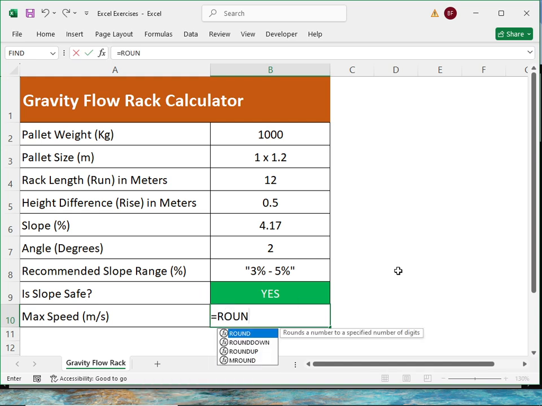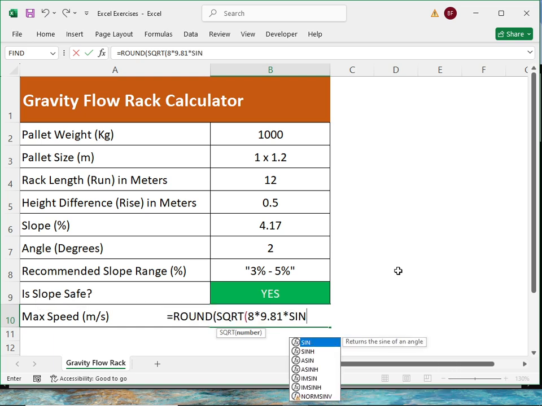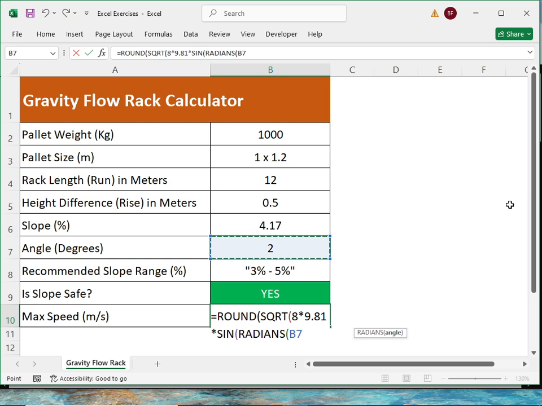I'm going to start with ROUND, then SQRT, square root, of 2 times 9.81, which is the acceleration of gravity, multiplied by SIN of RADIANS, and then the angle of 2 degrees in B7. Then close the parentheses, the round number of 3 decimals, close it and enter.